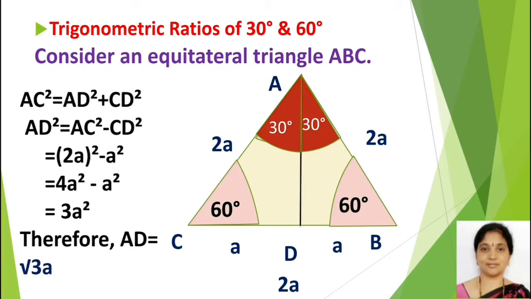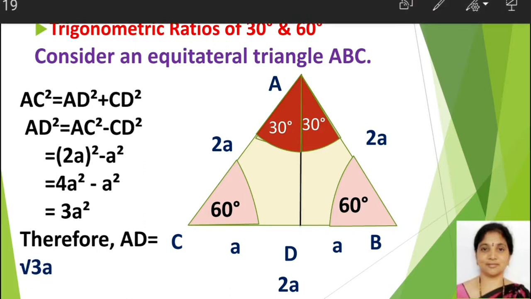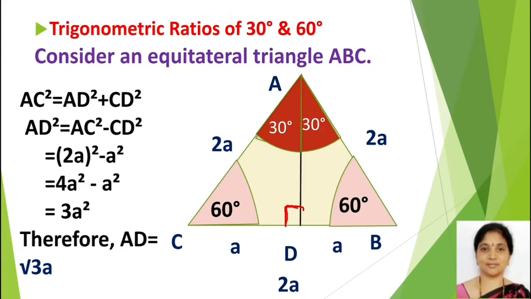Observe that in the case of ADC, at D we have the right angle. Here we have the right angle. Okay, and we know that opposite to 90 degrees is nothing but the hypotenuse. We know the hypotenuse value, and this becomes one of the sides and this becomes the other side.